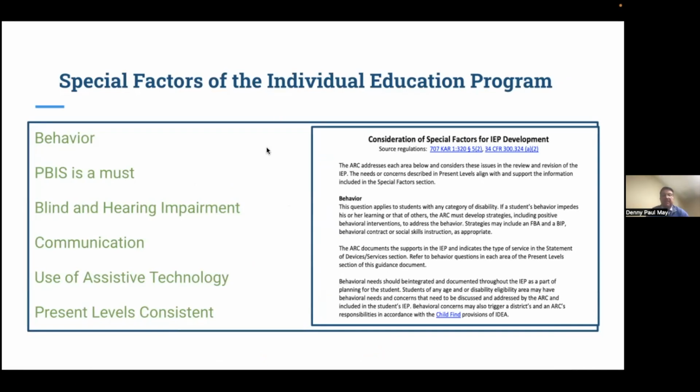For that special factor for behavior, it's strange that if a student has behavior issues like ADHD, and they mark that box no, but yet you go over and you find a goal for behavior, and there's nothing in the socio-emotional or even the health to say that they have some type of behavior issue, it's a big red flag.